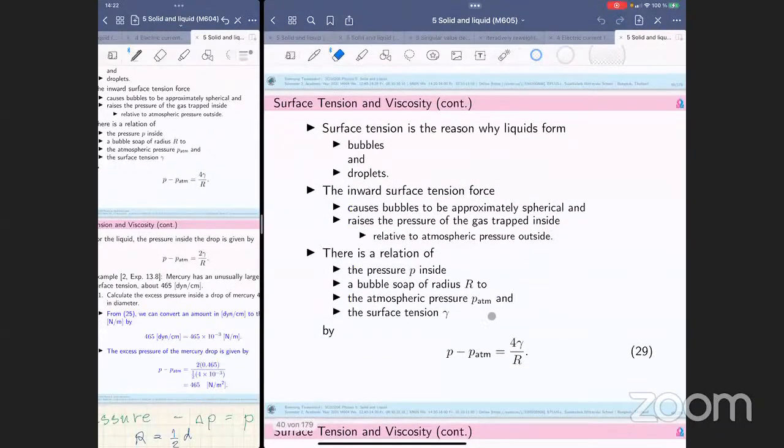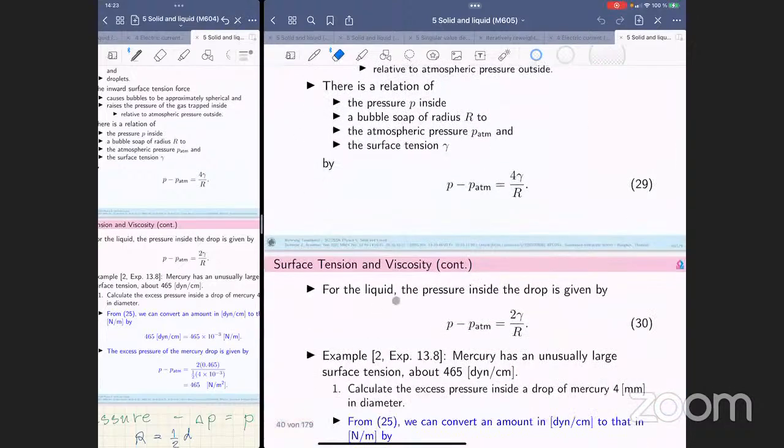Okay, let's continue our story. Before that, we arrived at this formula, right? It's the pressure difference, P inside minus P outside. Outside means the pressure at the surrounding, and inside means the pressure inside that fluid, whether in the bubble form or in the liquid drop form.